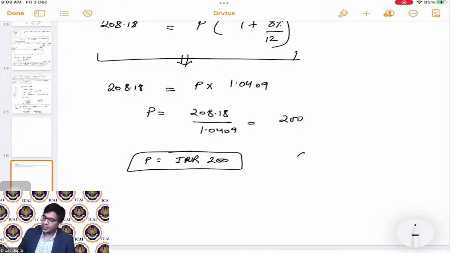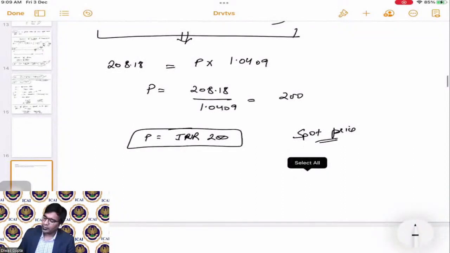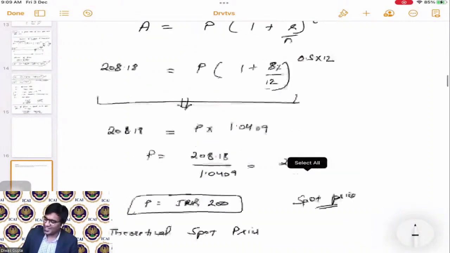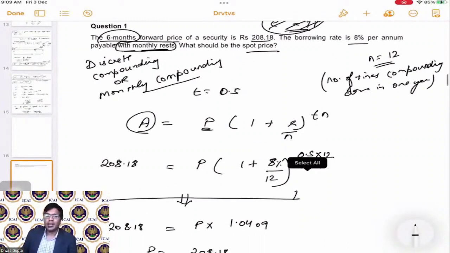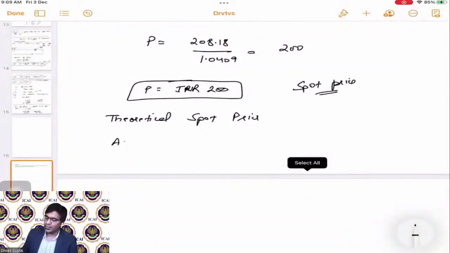This is the spot price. I'll say one more thing. This is a theoretical spot price. Because in theory, we are studying, this is a theoretical spot price. And even if, let's say, we are given the spot price and we are calculating A, correct? In that case also, A will be a theoretical futures price.